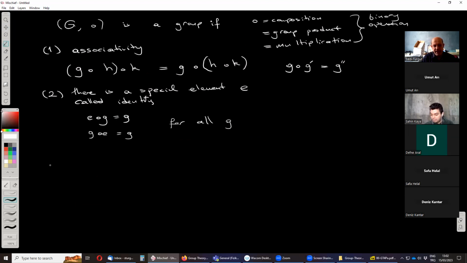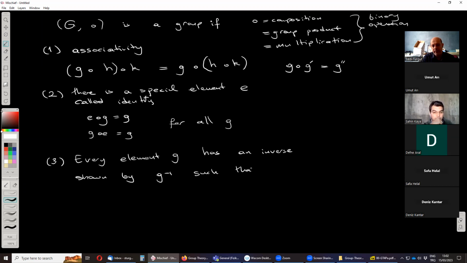And then for each element, we claim the existence of an inverse. So, right? Every element G has an inverse shown by G inverse such that G operation with the inverse is equal to identity, or the inverse operation with G is equal to identity.